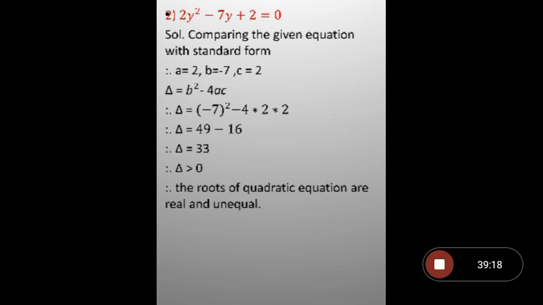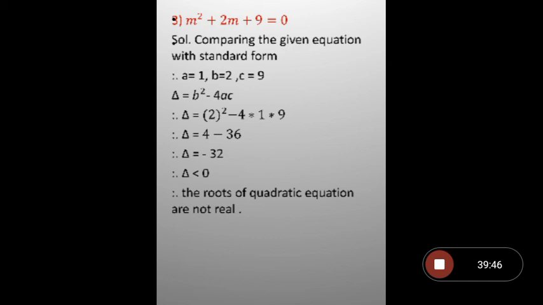Putting the values, minus 7 square minus 4 into 2 into 2. Therefore, delta is equal to 49 minus 4 eights are 16, therefore delta is equal to 33. Hence, delta is positive, that means it is greater than 0. Therefore, we can say the roots of the quadratic equation are real and unequal.